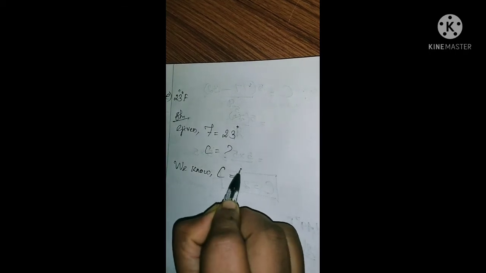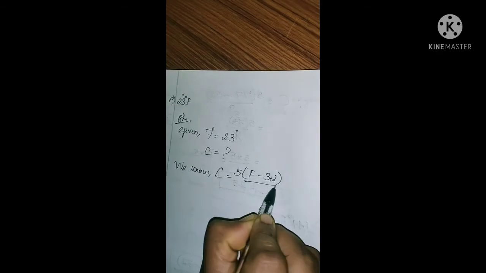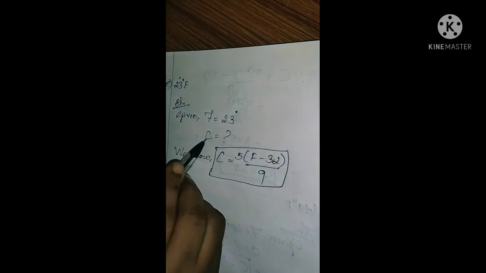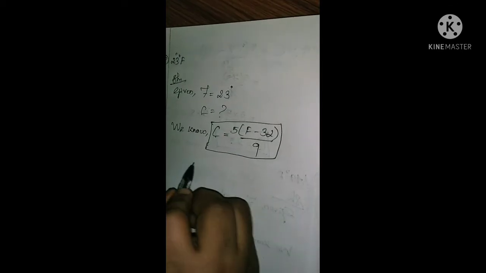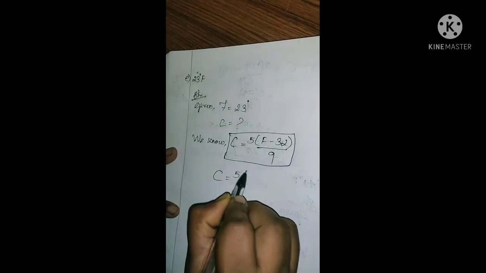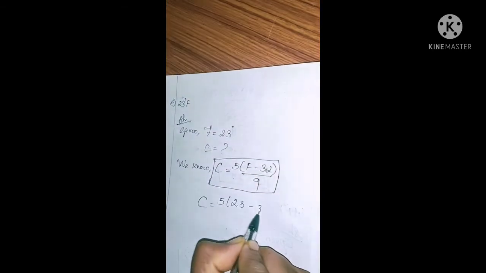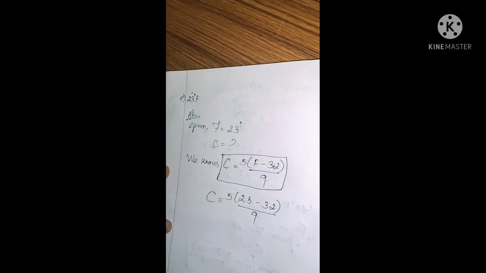C is equal to 5 into F minus 32 divided by 9. The same only. Okay. Because they are asking the Celsius value, so only this formula. Okay. Now C is equal to 5 into F, instead of F we have to substitute 23, minus 32, divided by 9. Okay.